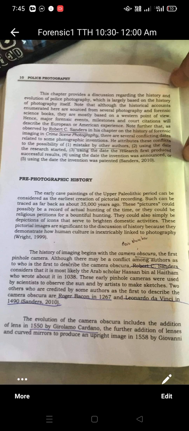In 1550, Girolamo Cardano added the lens to the camera obscura, and mirrors were used to produce an upright image in 1558 by Giovanni Battista della Porta. The diaphragm was invented in 1568 by Daniel Barbaro. Jean Helot is the first one who used the word photography, which means writing with light.